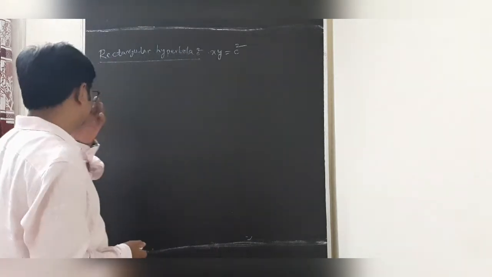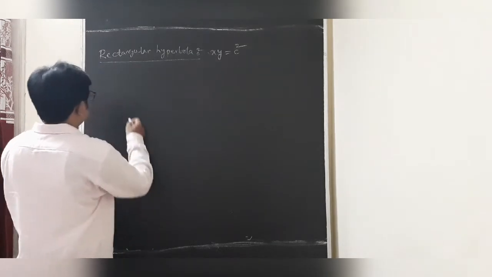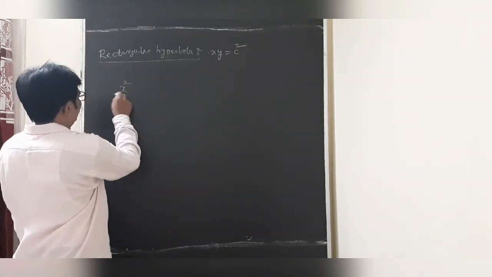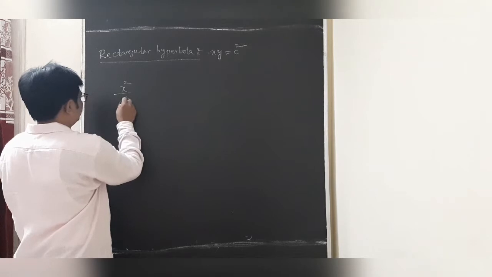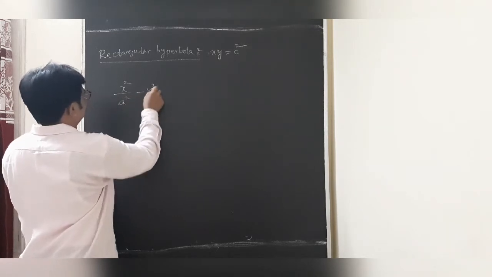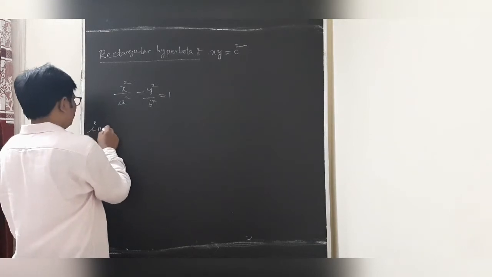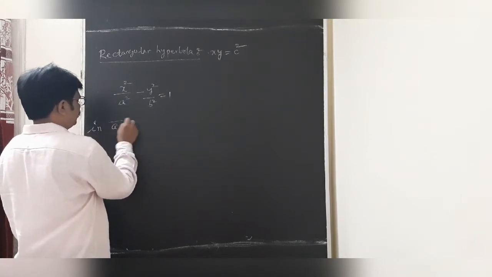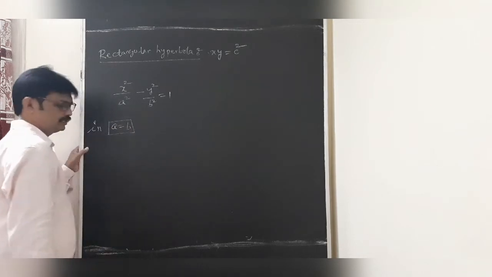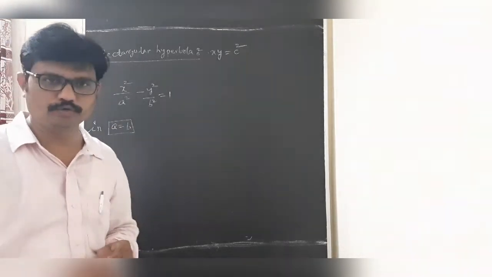My dear students, what we observed here is that in a hyperbola x square by a square minus y square by b square equal to 1, the length of the transverse axis, that means 2a, equals 2b.